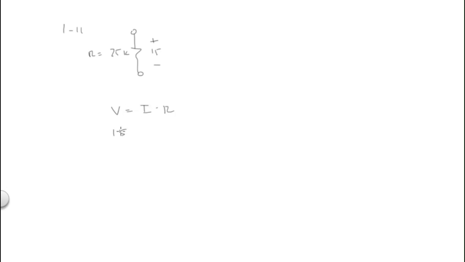So we use 15 is equal to I times 25 times 10 to the 3rd. I is equal to 15 over 25 times 10 to the 3rd. So it's 15 divided by 25, 0.6 times 10 to the minus 3rd, or equals 0.6 milliamps. That's number 11.